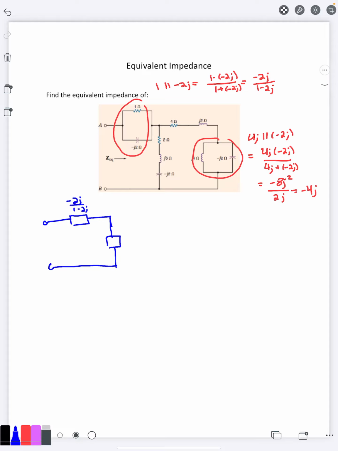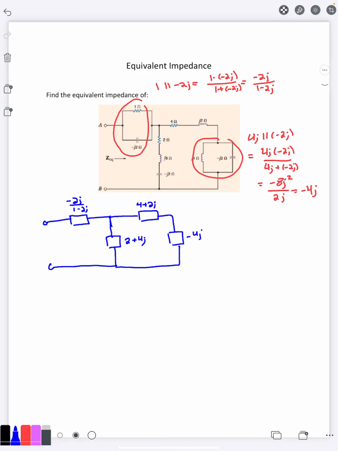So I have a 2, and I have a 6j positive, and I have a negative 2j. So if you combine those by adding them, you're going to have 2 plus 4j. I'll also combine these two up here, 4 plus 2j. And then this one I already combined to get a negative 4j.